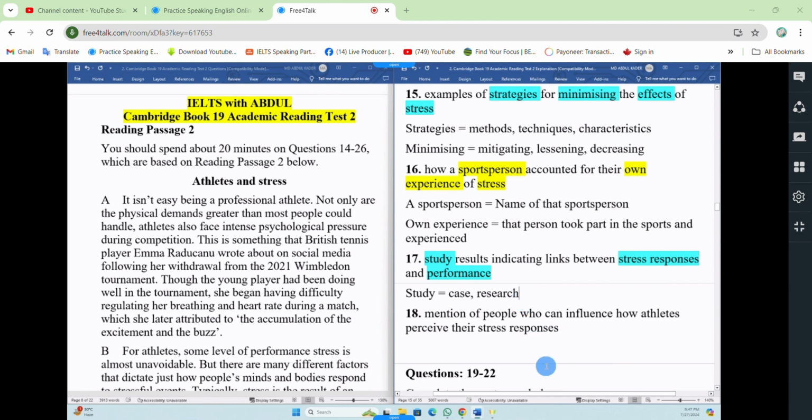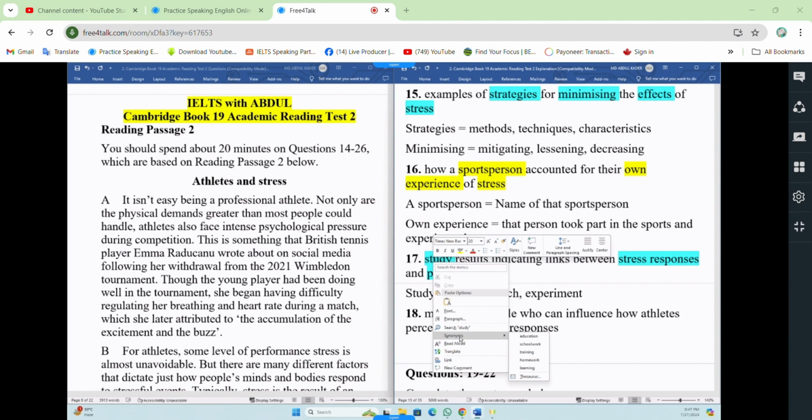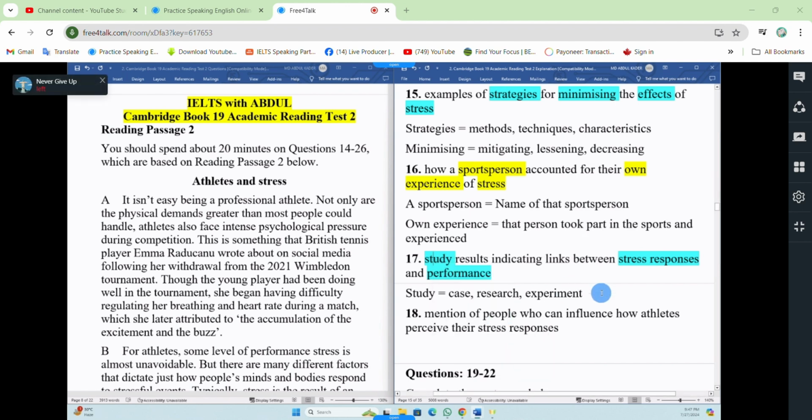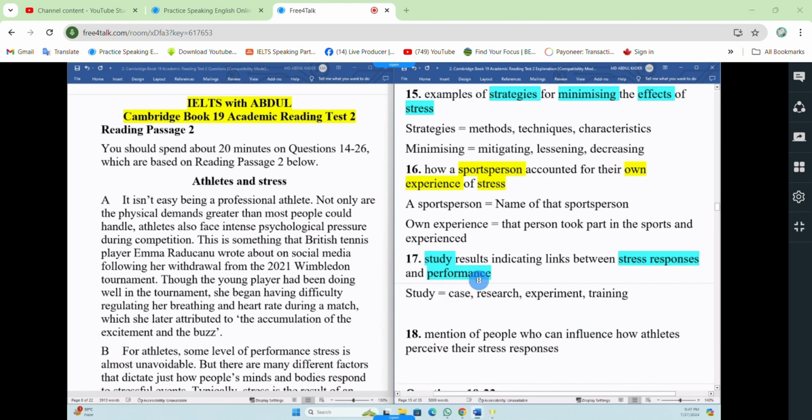Or we can find another word, experiment, which is related to the word study. Training, yes, we can get another word, training. Study means experiment or training. So these types of words we should consider to answer question number 17.